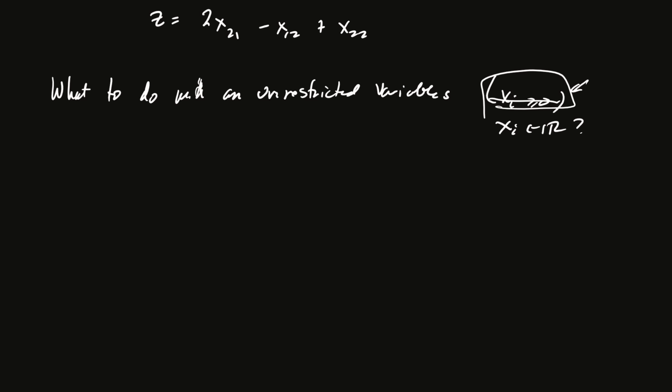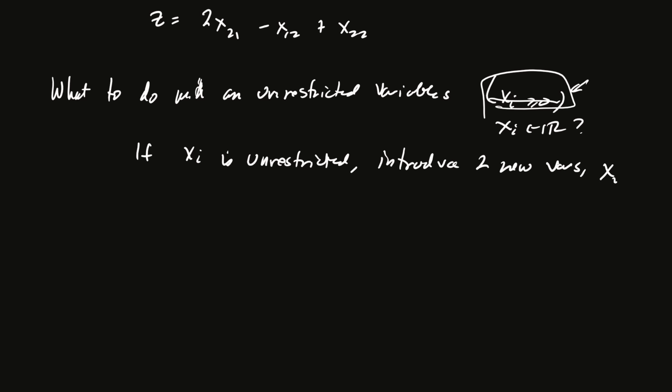And so the idea is this. If xi is unrestricted, introduce two new variables. We can call them xi plus and xi minus, although I don't usually use that notation. I'll show you what notation I use when we get there.